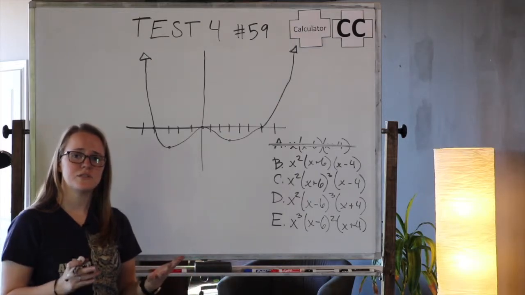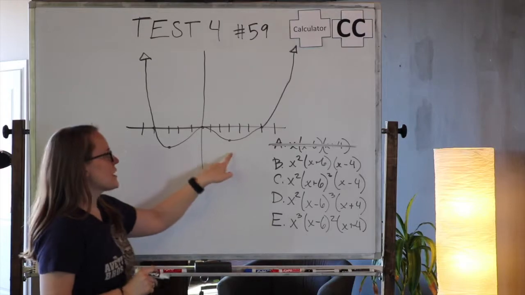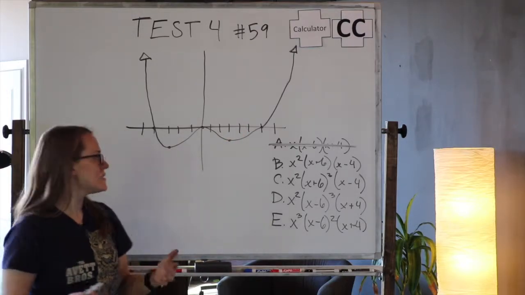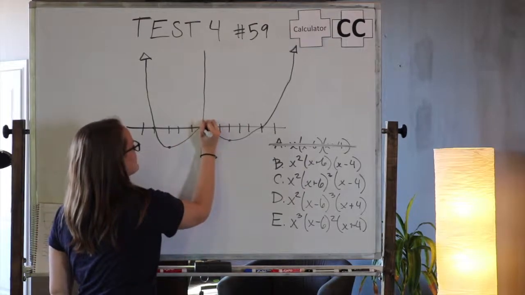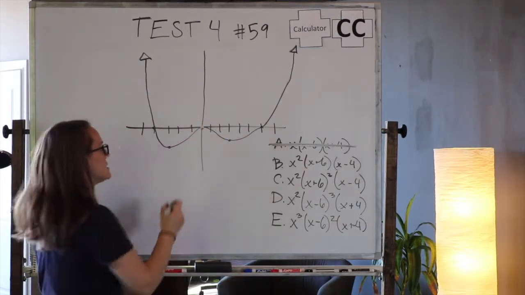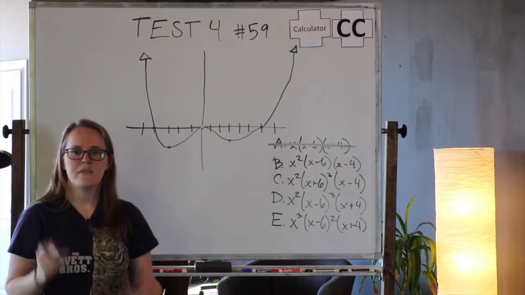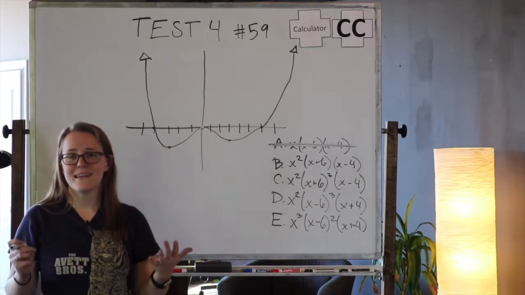The second thing we can do is look at the points where things are happening on the graph to tell us what the equation is going to look like. So I think the easiest one to start with is x equals 0. Since it's turning around sort of like an upside down parabola here, that tells me it's going to be another even exponent.